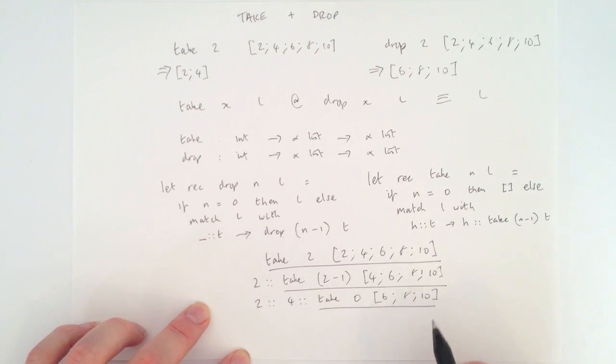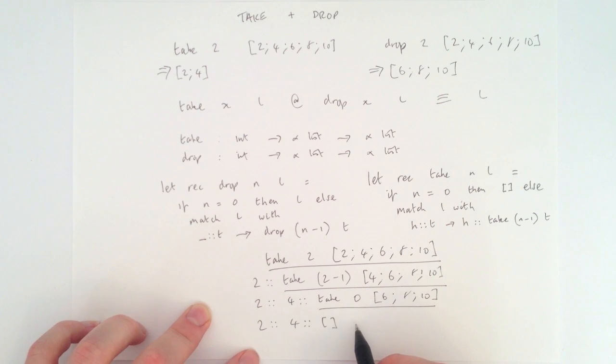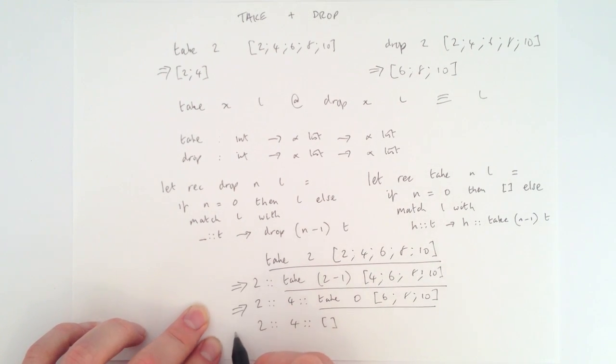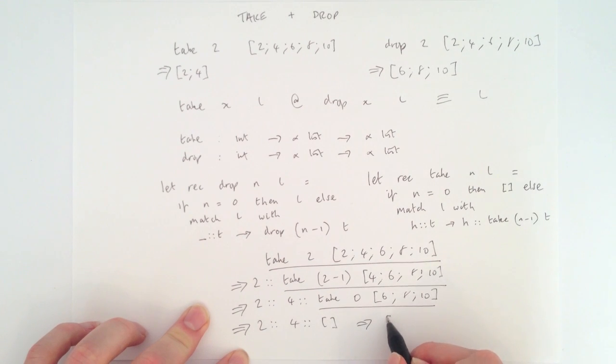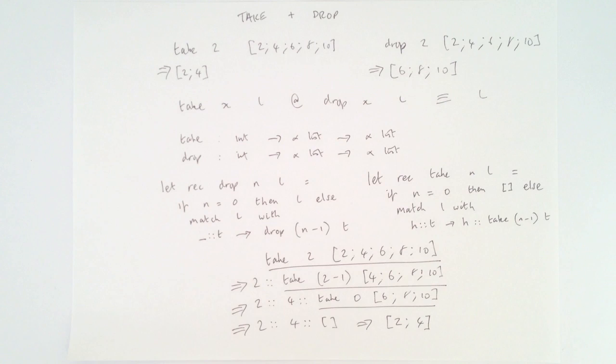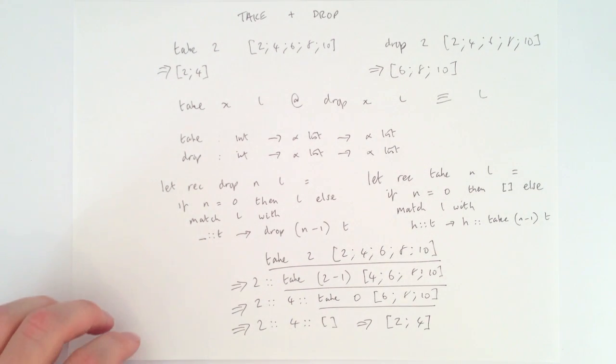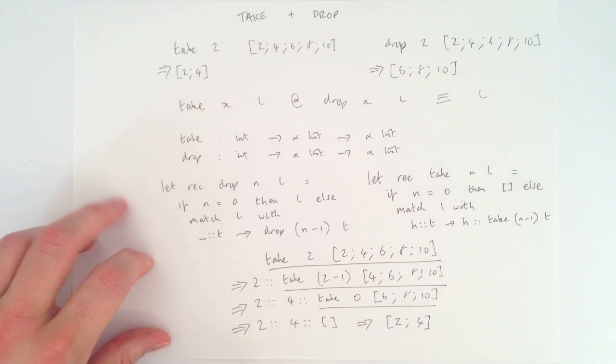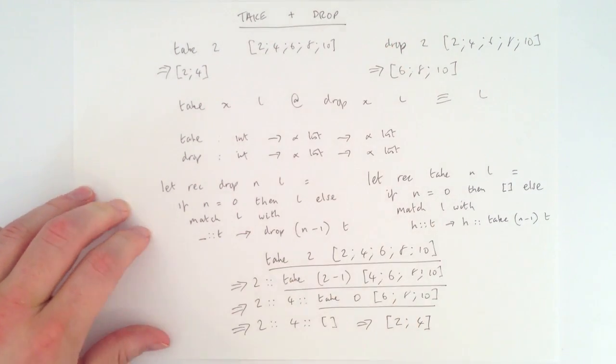Well, that is now the base case, so we've got 2 cons 4, cons take 0 is the empty list, which is the same as the list just containing 2 and 4, which indeed is the correct answer. So there are two useful functions on lists.